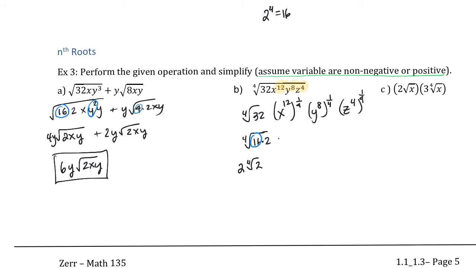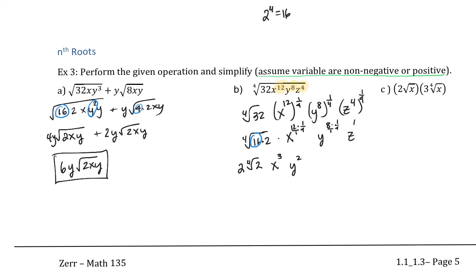And then all of these, I'm just multiplying my powers here. So 12 over 4, that simplifies to x to the 3rd. Same thing with y. 8 times 1/4. The 8 is in the numerator, so that would be 8/4. That just simplifies down to y squared.